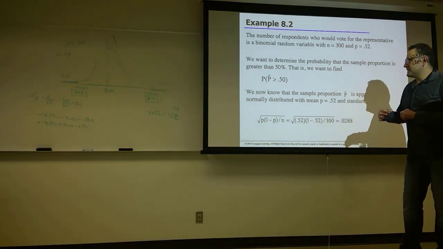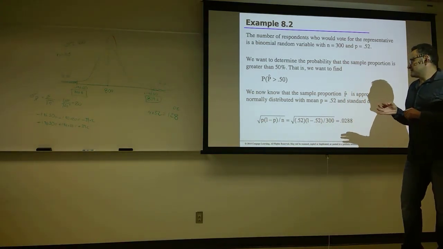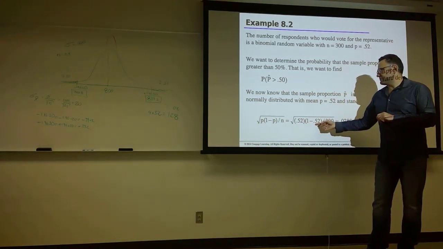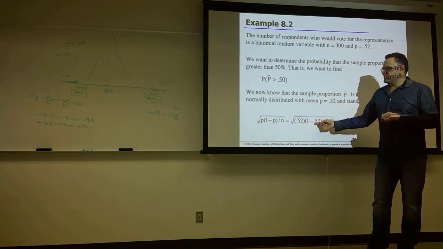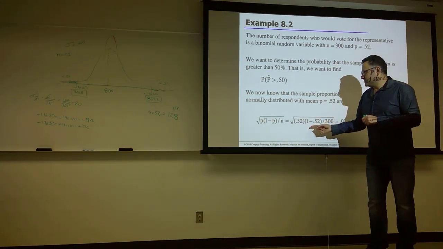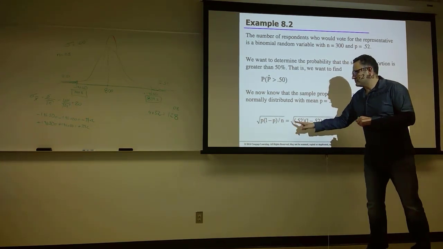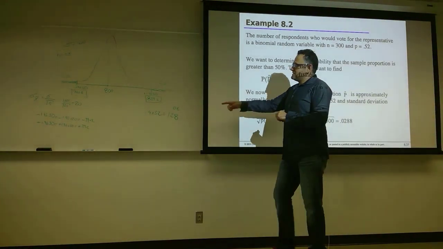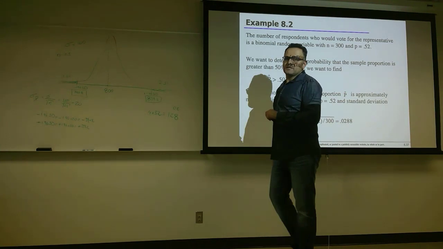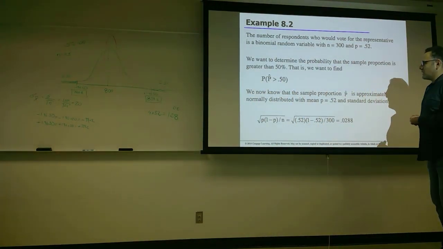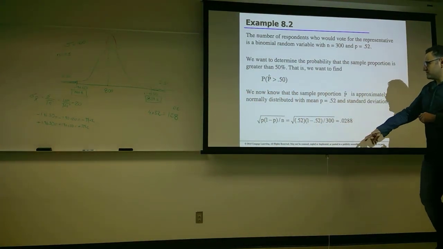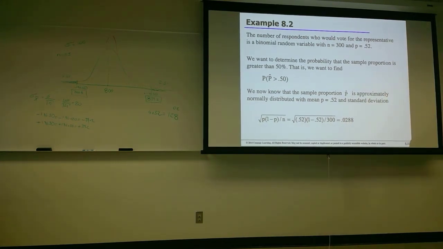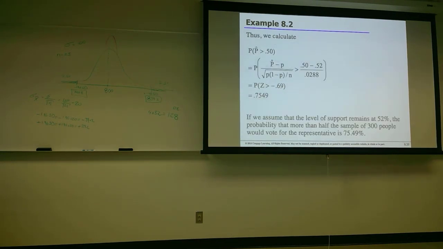Now, knowing that P is 0.52, to get the standard deviation, all we need to do is plug in the probability of success in the population, 0.52 times 1 minus 0.52, and then our sample size is 300, so that's this effect again that we see here. Plugging in those values and calculating, we get a value of 0.0288. So 0.0288, that's our standard deviation.